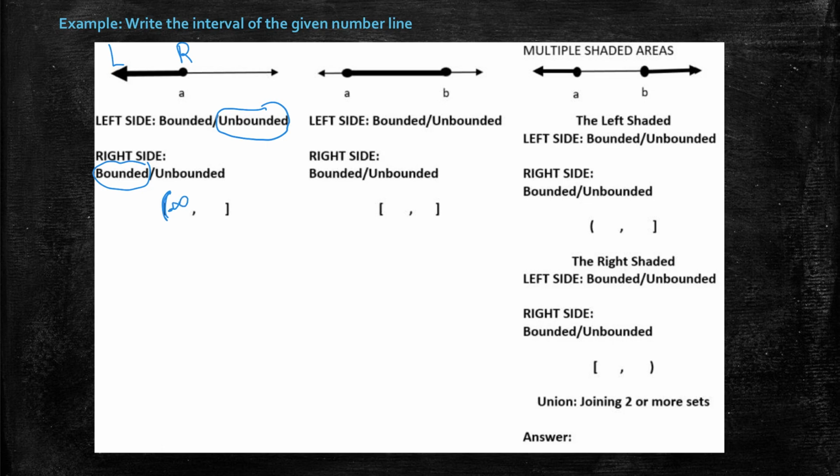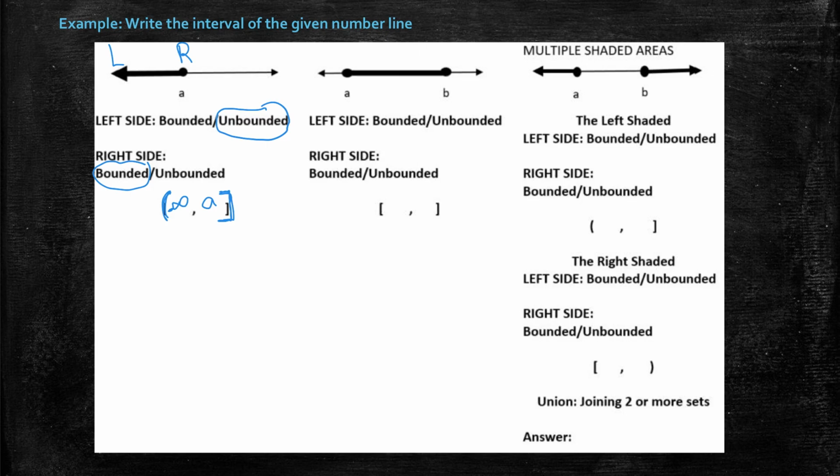Negative infinity will always have a parenthesis. And then you'll just stop at A. So it's from negative infinity up to A. But notice that that A has a bracket since there is a solid point there.